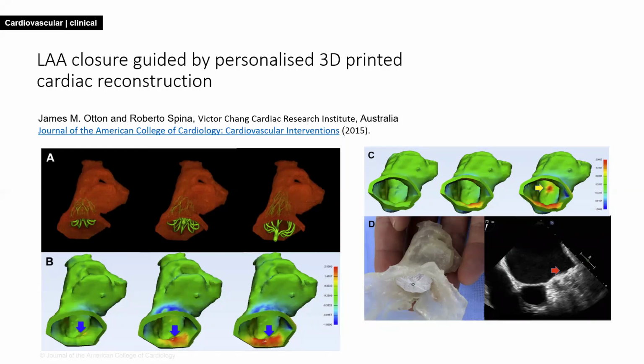There were 3 different types of devices then inserted into the model. A 3D color-coded map was provided according to the causal deformation, and these 3D models were then used to find the best device size. So what this demonstrated was the potential for clinical utility of 3D printing for both device sizing and avoiding procedural complications.